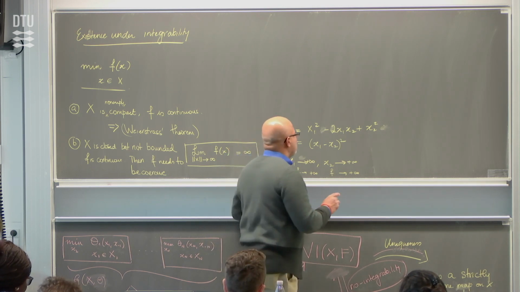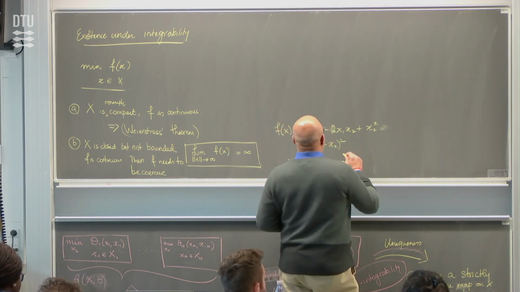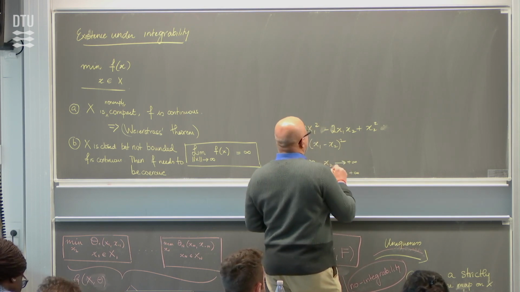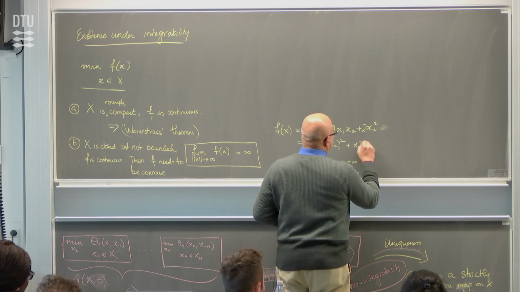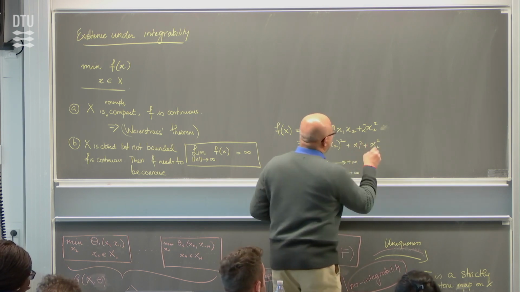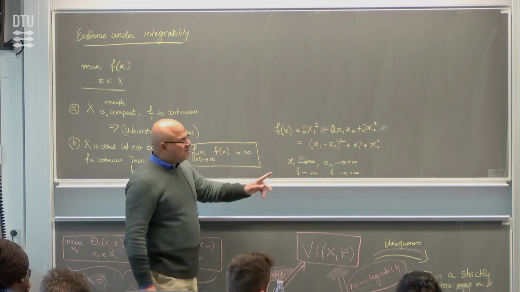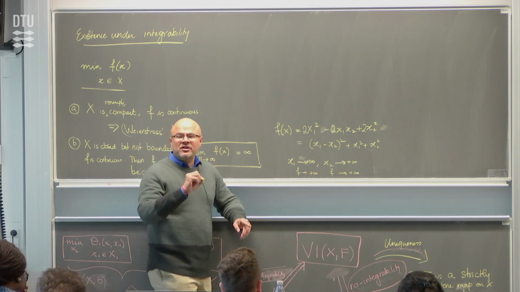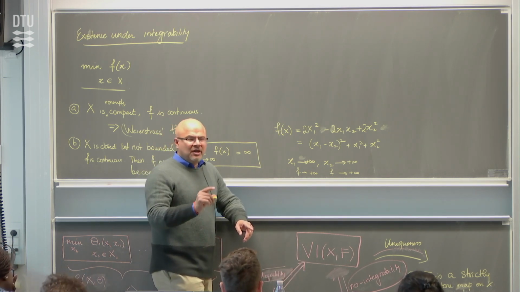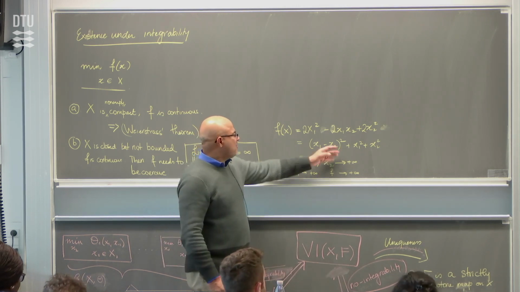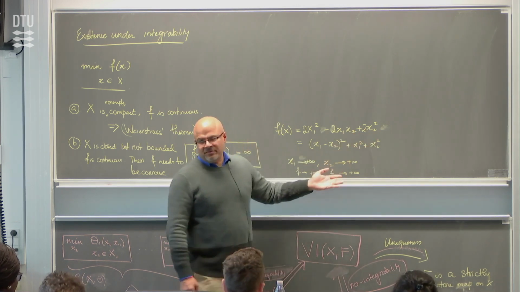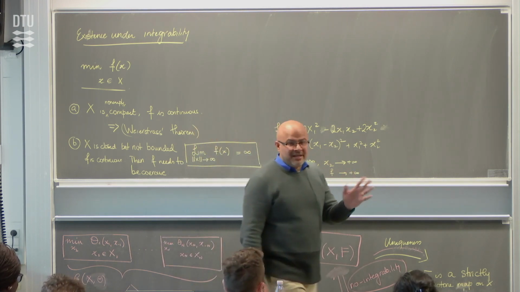So I need an extra term here: 2x1 squared, 2x2 squared, so I get x1 squared plus x2 squared. The reason I add this is that suppose I send x1 to infinity and x2 to infinity, and I set x1 directly equal to x2. Now what happens to this function if I didn't have this? It's just 0. So sometimes things look coercive, they're not.